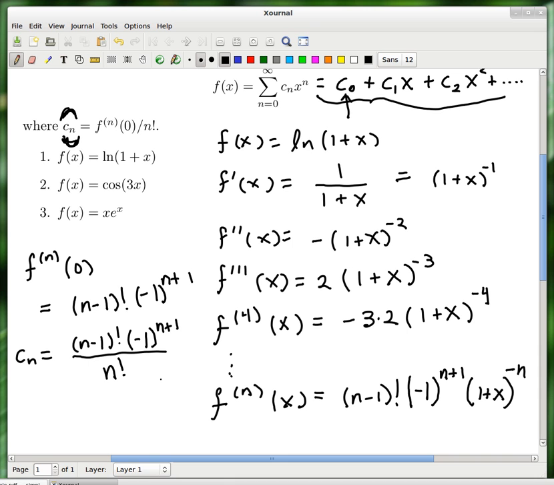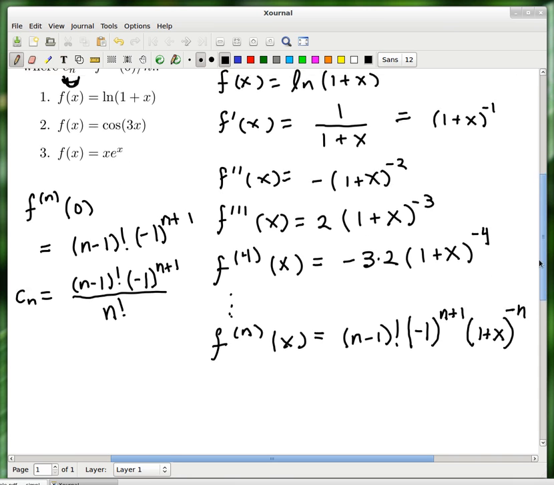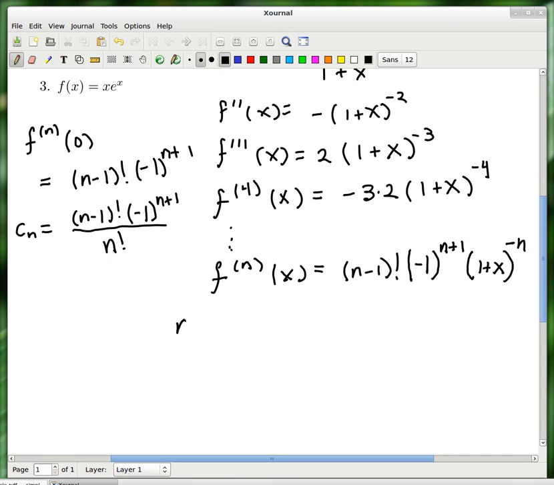You probably remember that n factorial is n times n minus 1 factorial. So there are lots of things in common, and you can cancel this and that. So this simplifies to minus 1 to the n plus 1 over n.